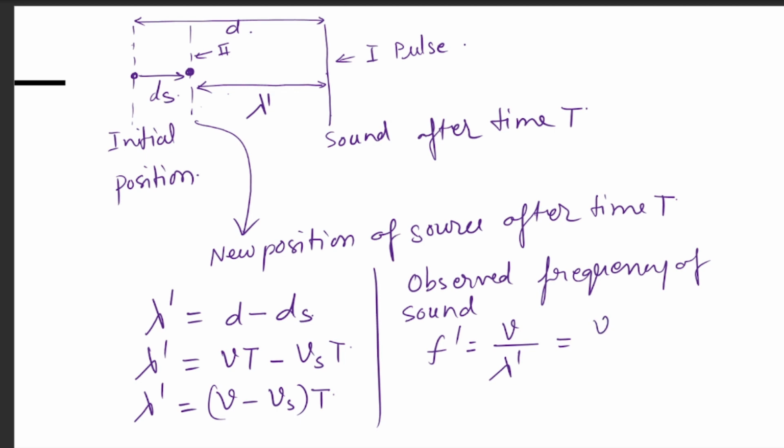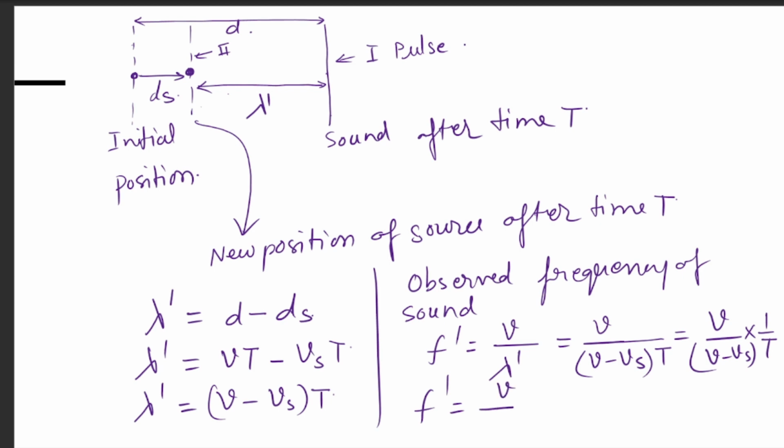So we can write v by (v minus vs) into T. Now T is the time period and it's in the denominator, so you can write it as v by (v minus vs) into 1 by T. And you know 1 by T is frequency, so f dash is equal to v by (v minus vs) into f.